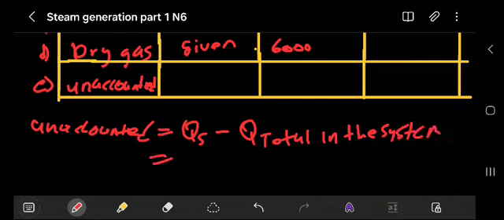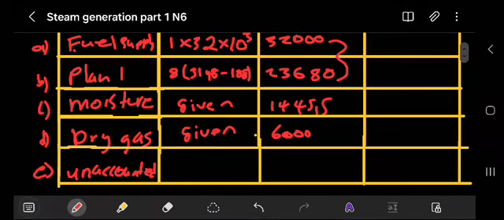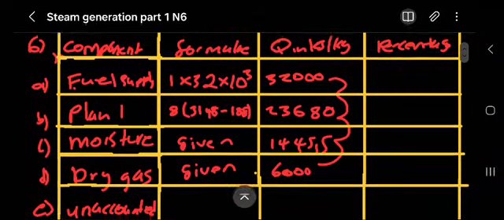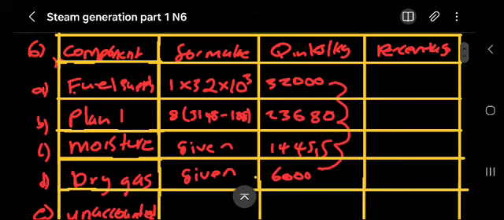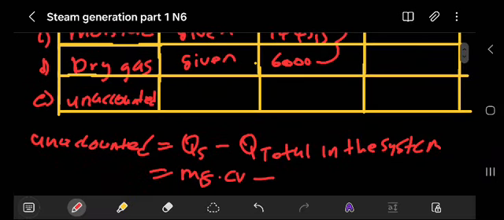Remember, this is the mass of the fuel multiplied by the caloric value, then minus the other heats. You sum up these, you add this and that, you exclude this one, then you subtract it from the total.